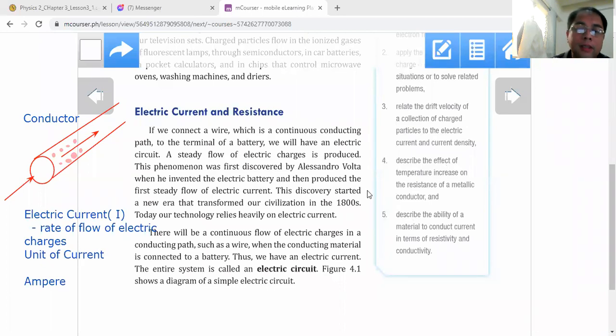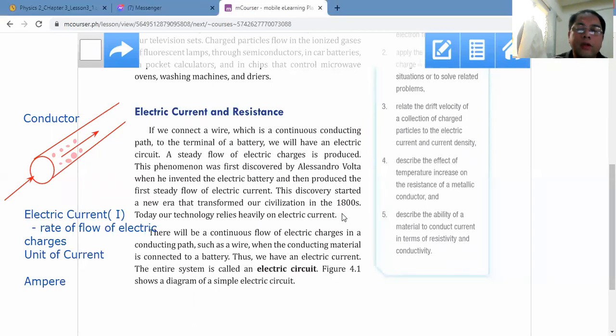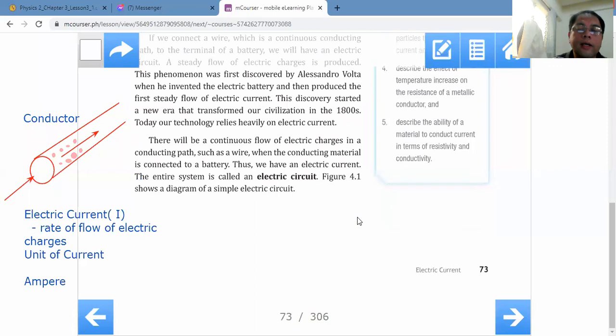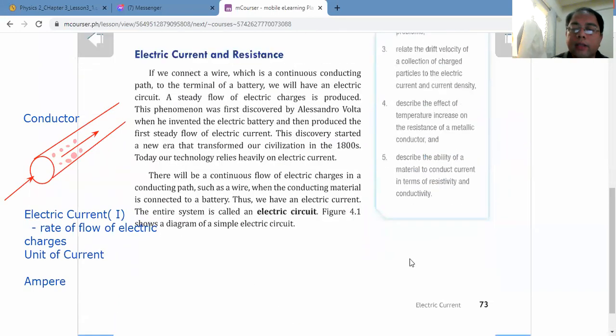That's possible. Again, currents are an idea of the flow of these charges, so you need a conducting wire, a conductor, in order for currents to eventually flow.